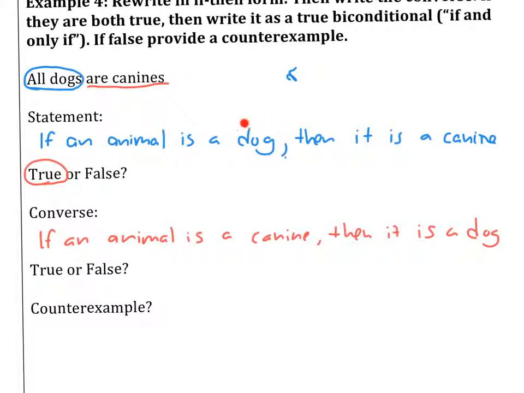However, the most straightforward reading of dog is a pet dog, a domestic dog. So if an animal is a canine, then it must be a domestic dog, and the answer to that is false. Why? Because it could be a wolf or a fox. But if we just read this as dog synonymous with canine, then we could say both of these are true.